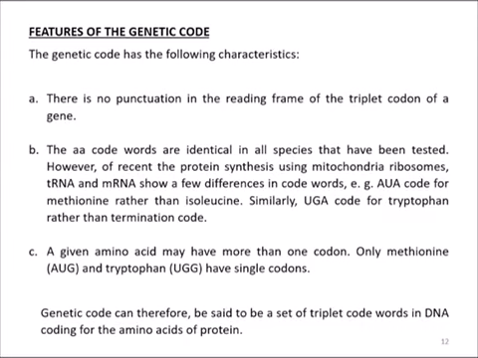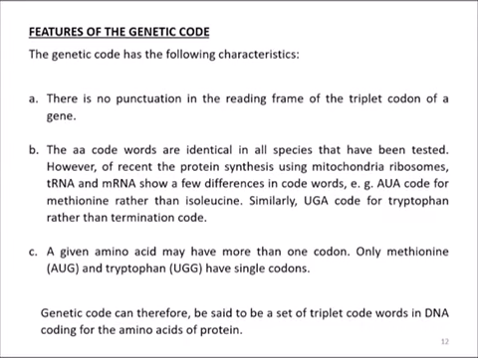However, of recent, protein synthesis using mitochondrial ribosomes, tRNA, and messenger RNA show a few differences in code words, for example, AUA codes for methionine rather than isoleucine. Similarly, UGA codes for tryptophan rather than termination.